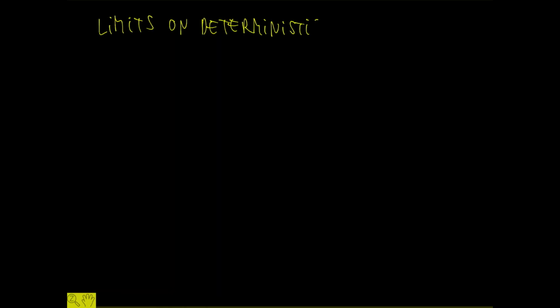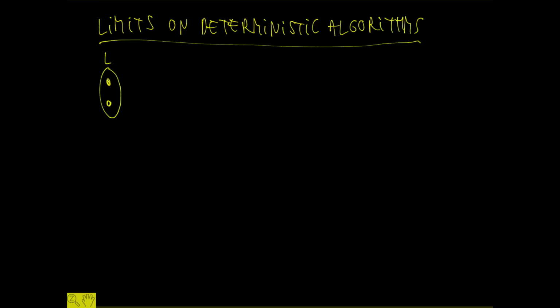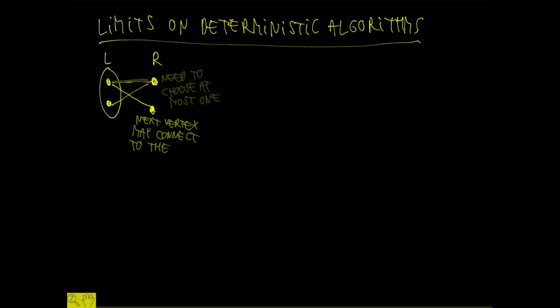Now there are limits, as you can imagine, about how well you can do, and in particular for deterministic algorithms it's easy to see that they cannot do too well. So consider the setting where the first vertex in R is matched to two vertices, and we choose one of them. Then it can very well be that the next vertex may connect to the vertex that you have chosen, and then we have a situation where we find a matching of size 1, whereas a matching of size 2 does exist.